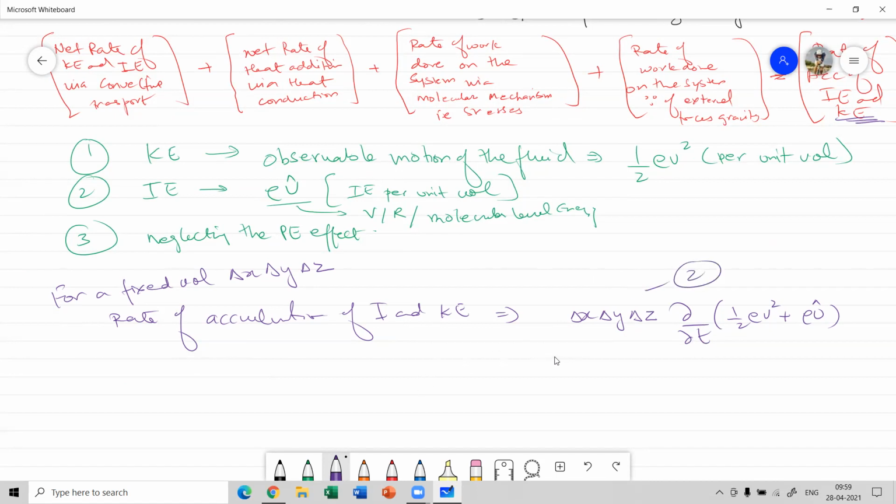When we say half rho V square, we are basically dealing with half rho (Vx square plus Vy square plus Vz square). So V over here is the vector, which is the sum of all the components of velocity, that is Vx square plus Vy square plus Vz square.